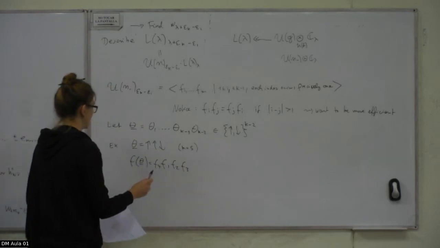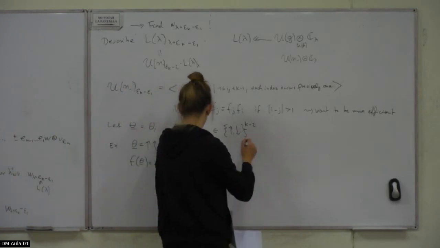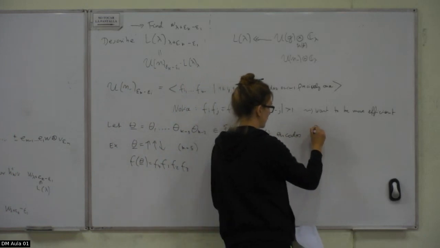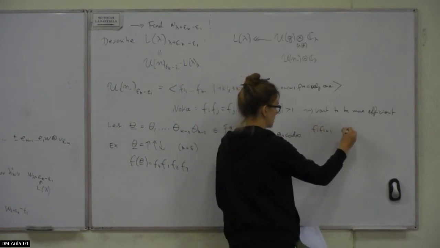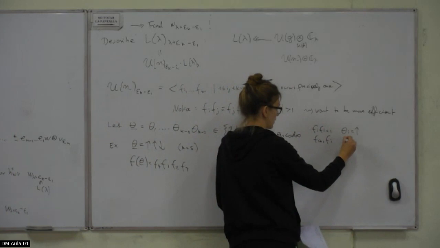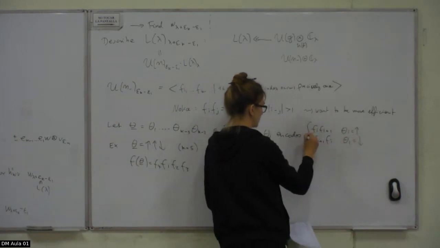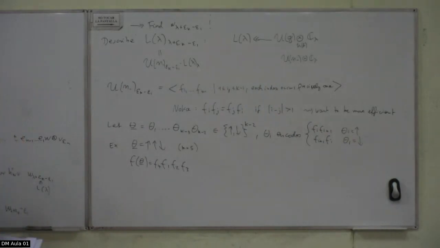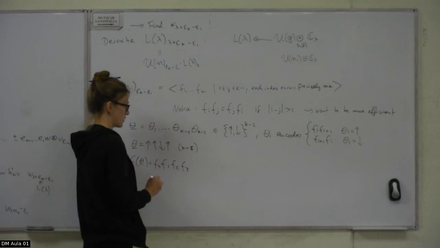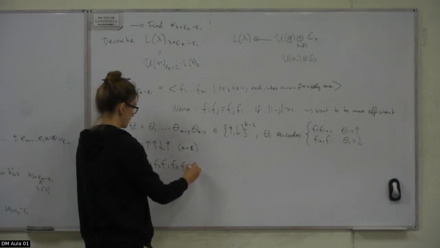This theta_i encodes whether we have f_{i+1} after f_i, for theta_i an up arrow, or if we have f_{i+1} coming before f_i, for a down arrow. So you start with f_1. If you have an up arrow, you put something to the right, and if you have a down arrow, you put it to the left. Exactly. And if we have k equal to 6, and we put another up arrow here, then f_5 would have to go on that side again.